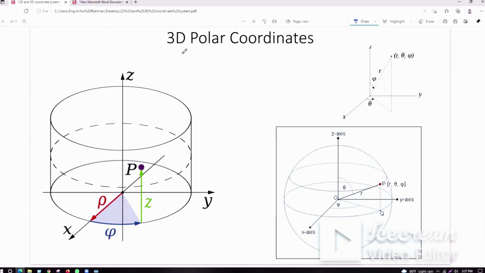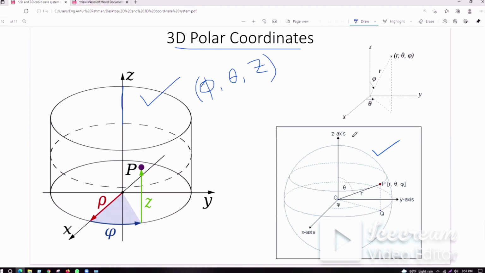Okay, let's now talk about three-dimensional polar coordinates. We have a number of three-dimensional polar coordinate systems, very importantly the cylindrical coordinate system and the spherical coordinate system. In the cylindrical coordinate system, we have to mention three things: rho, phi, and z, that means a radius, an angle, and a height along the axis of the cylinder.